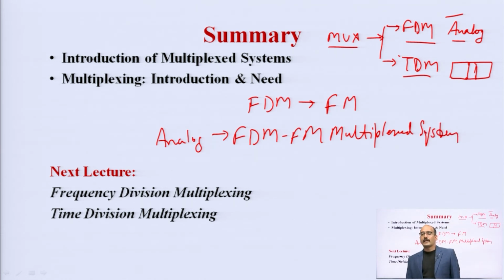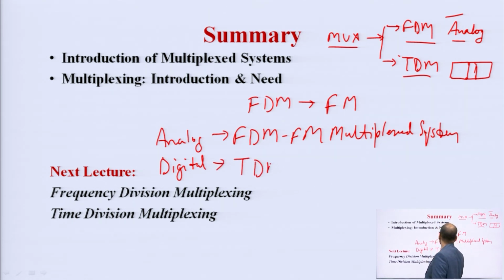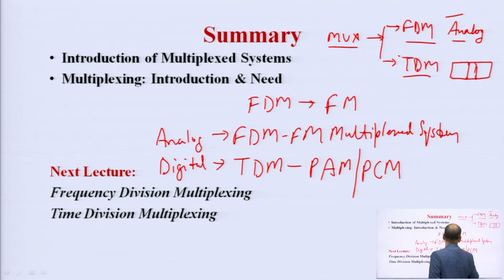Whereas when we are talking about the digital signal, we are going to use time division multiplexing with either pulse amplitude modulation or pulse code modulation.